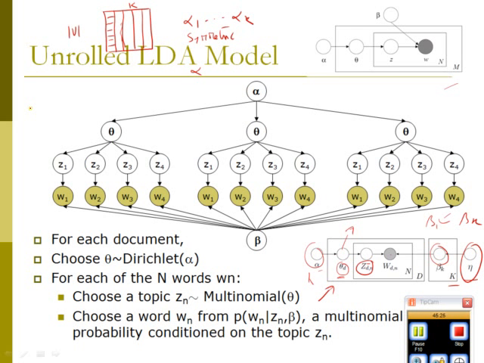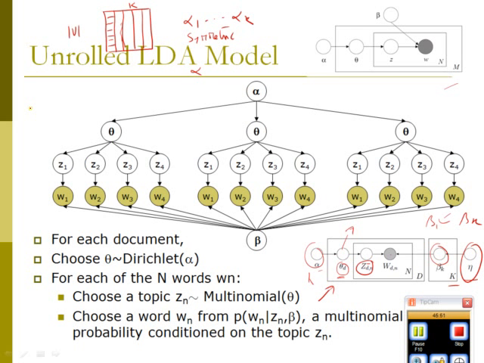The unrolled version is saying that I can sample alpha once and get a theta, another time another theta, another time another theta. And once I get a theta, I generate the topics for individual words, and from the topic for each word, I generate the word.